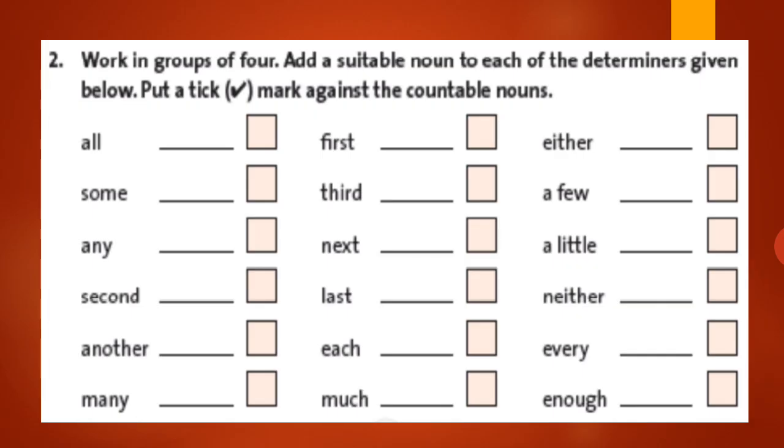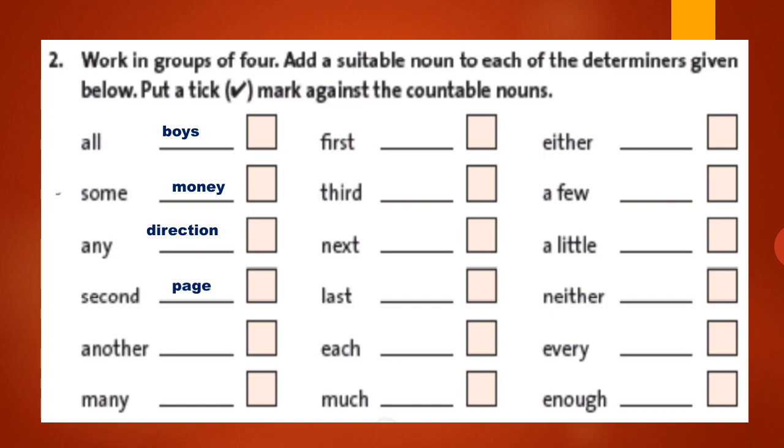Now last unit, last worksheet I have, that is we have to do, that is work in group of 4, add a suitable noun to each of the determiners given below, put a tick mark against the countable noun. All, you can use any noun here. All boys, some money, any direction.